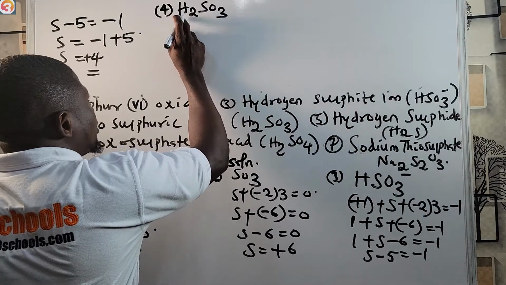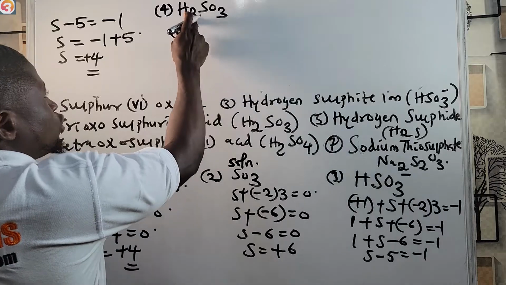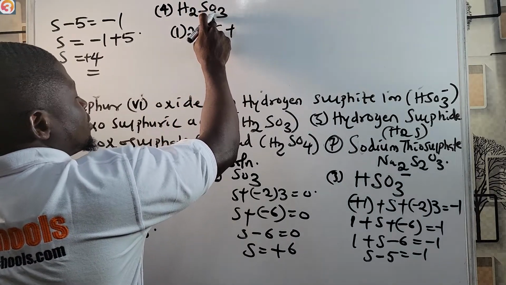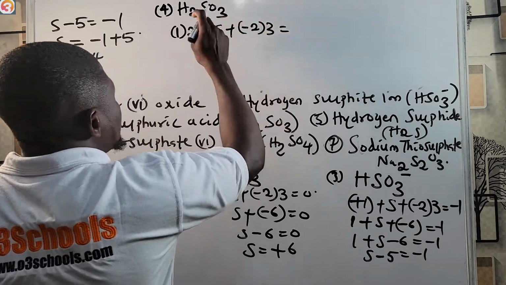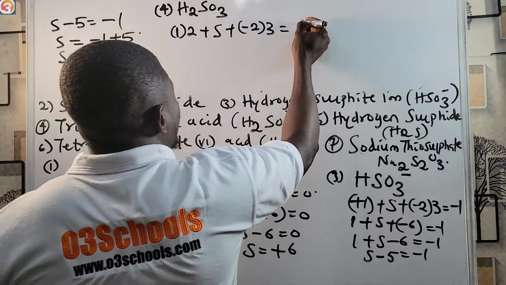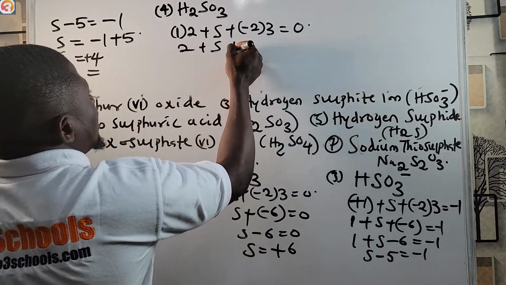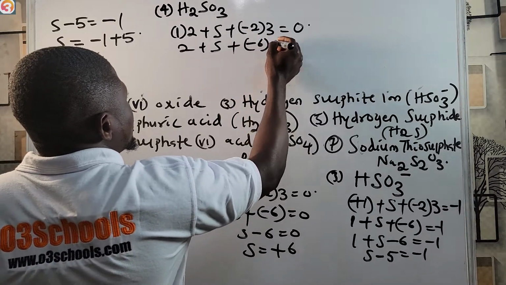The oxidation state of hydrogen here is +1, so you have 1 times 2, because there are 2 atoms of hydrogen, then plus sulfur, then plus oxygen, which is -2, times 3, is equal to 0, since this is an uncharged atom. So 2 times 1 is 2 plus S, then plus -2 times 3, which is -6, is equal to 0.